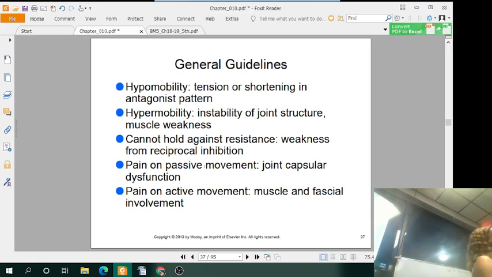Slow and smooth and firm, and an appropriate amount of resistance for the size of the muscle. So we'll do more resistance on a thigh than we will on an arm. Okay. Stabilization is important. It allows movement of the body while we can pinpoint a certain muscle or muscle group that we want to assess.